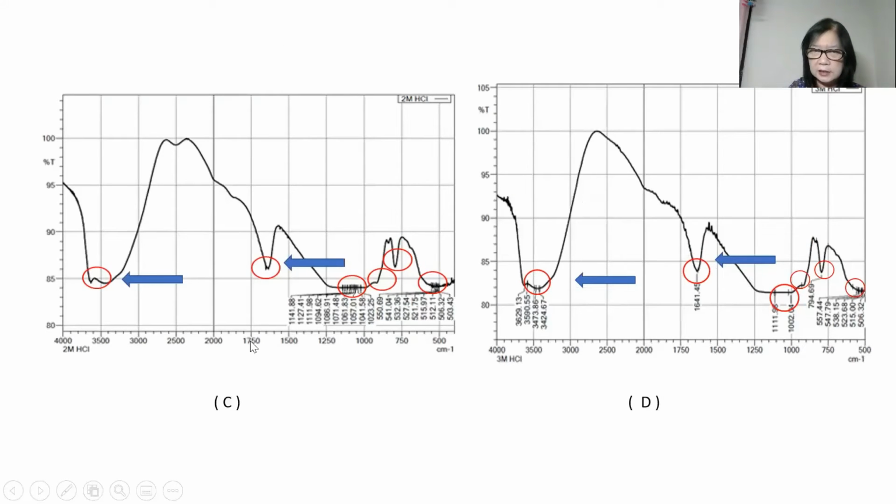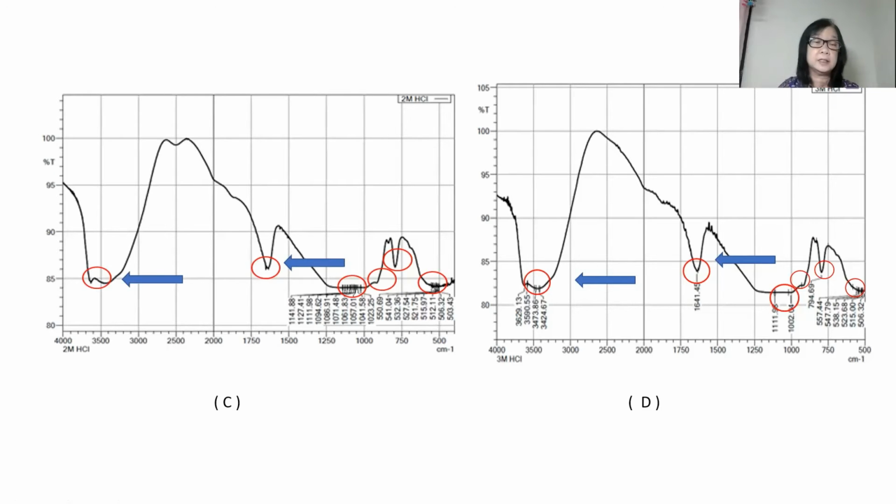But look at figure C here. We can see that this is also higher compared to the non-modified bentonite, and here also. We can also see that at all these peaks the transmittance is higher. So what does it mean? The rise in the percentage of transmittance indicates that impurities in the natural bentonite, such as magnesium, calcium, and aluminum, were substituted by the H plus ion from HCl.